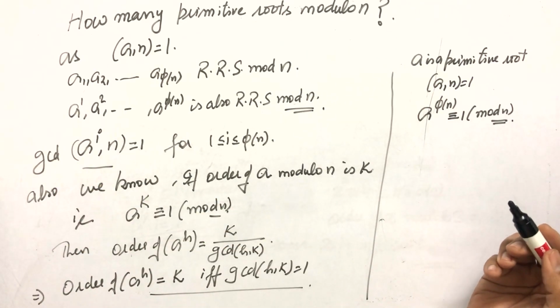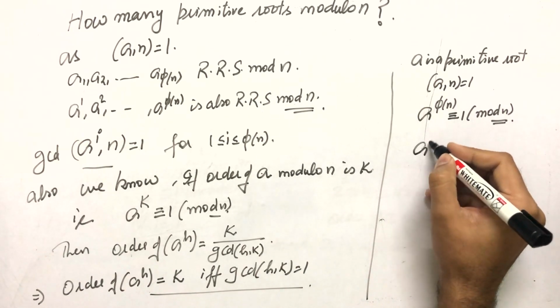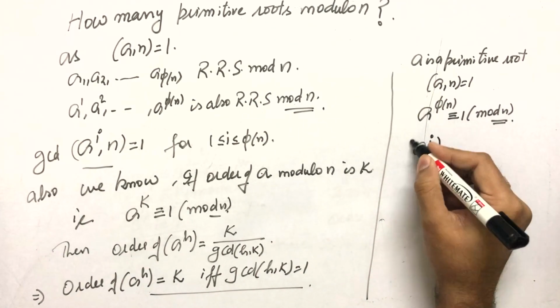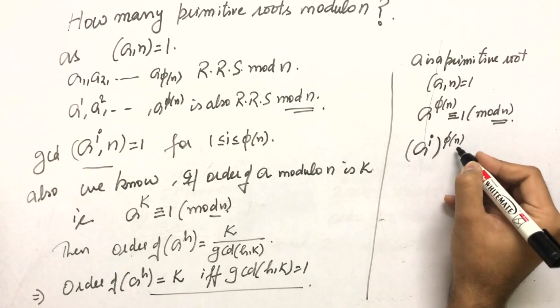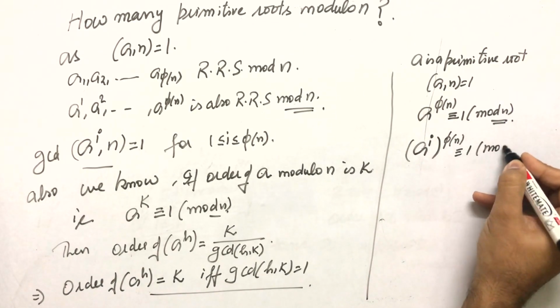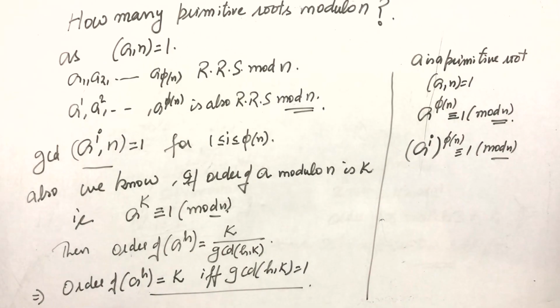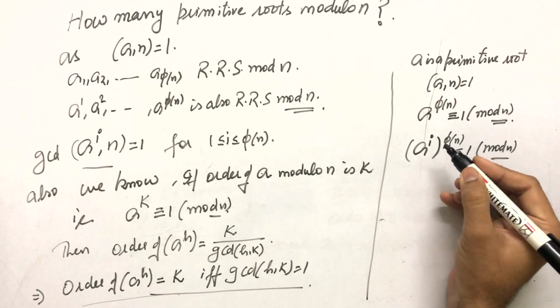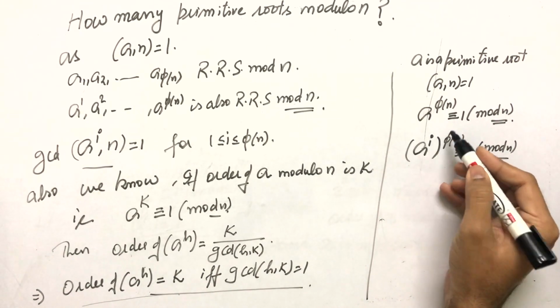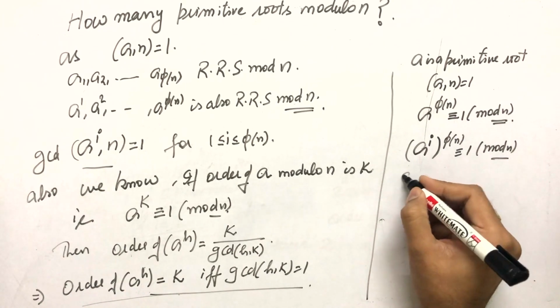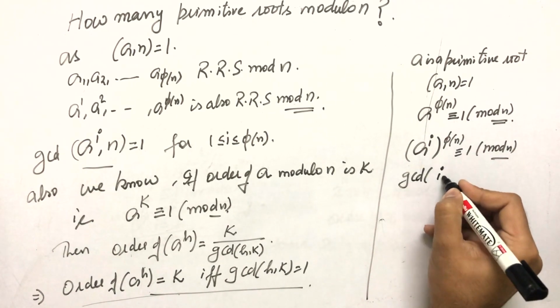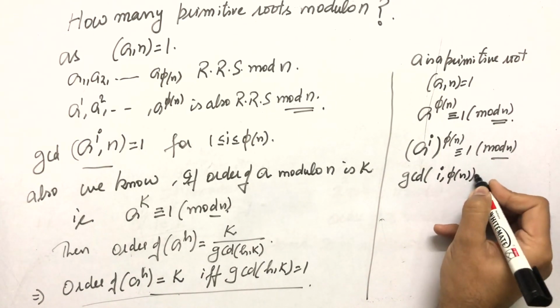Very easily we can check when the order of a power I is also phi n. So we make use of this result here, that the order of a power h is again k when GCD of this power and k is 1. And look here, how much is the power here? I. And how much is the order? Phi of n, when GCD of I and phi of n is 1.